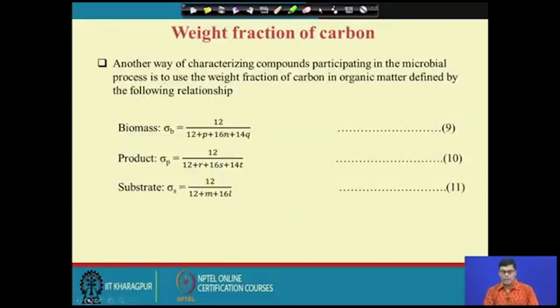Now, another way we can differentiate biomass, product and substrate is on the basis of the weight fraction of carbon. Let me explain that. Suppose I was talking about glucose.